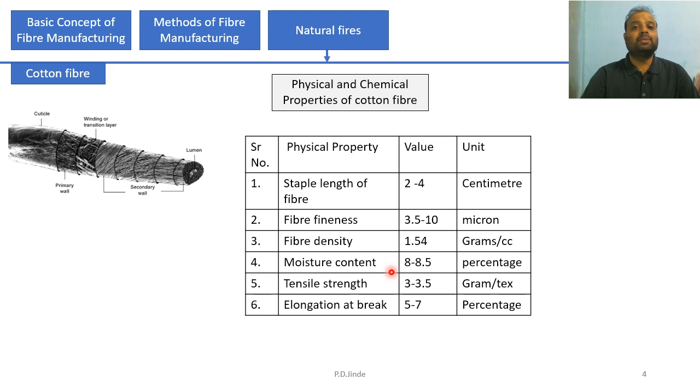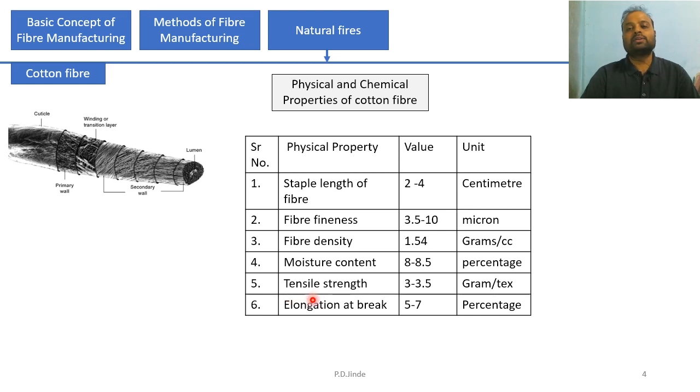So what's the remaining? Remaining is water. So you pay for water also. So during the purchasing of a cotton, you must look at this important property that is called as moisture content, 8 to 8.5 percentage. Let's talk about the fiber strength.